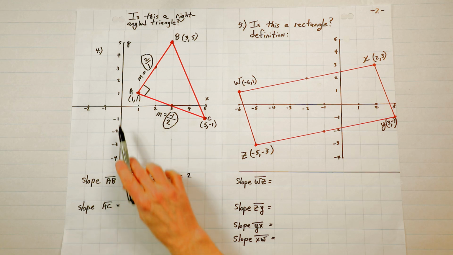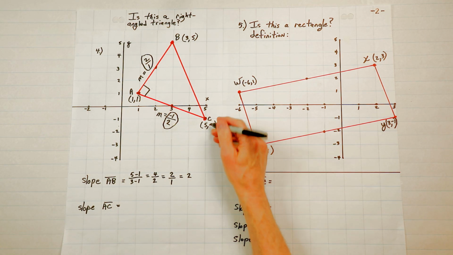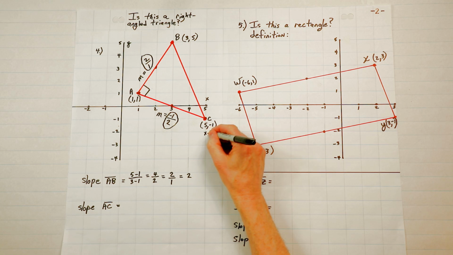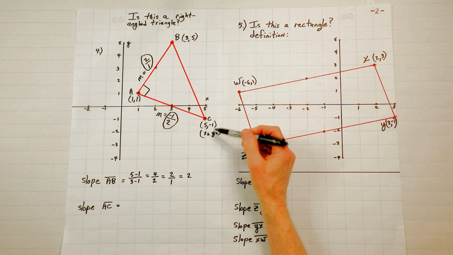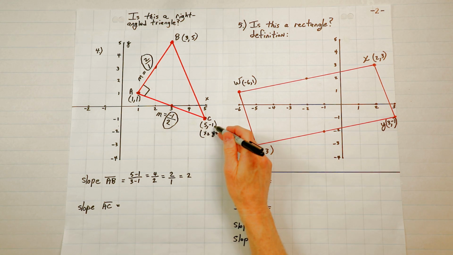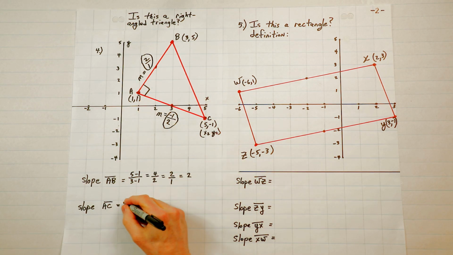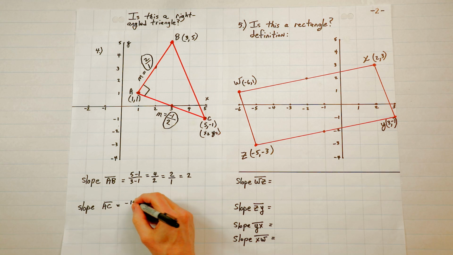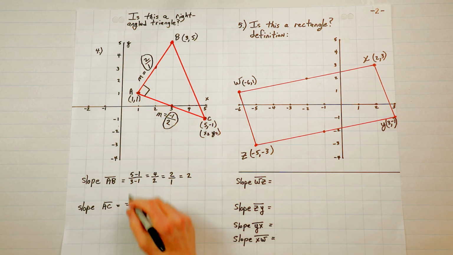Now let's do AC. So this will be my x2, y2 here. Even when I don't write this down, I do it in my head. So I know this is x2, y2. So I'm going to have negative 1 subtract 1 in my numerator, and in my denominator, I'm going to have 5 subtract 1.